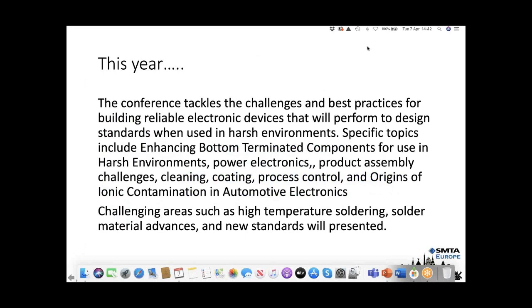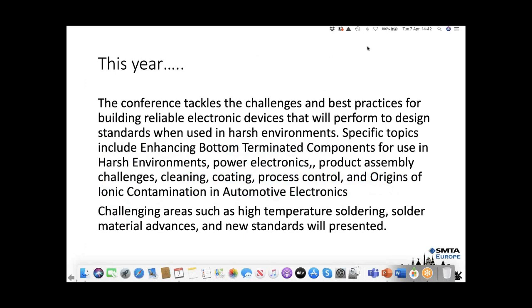We've got some specialist stuff this year on bottom terminated components, power electronics, assembly challenges, cleaning, coating, process controls, origins of some ionic contaminations in automotive electronics, and a lot of stuff in challenging areas: high temperature soldering, low temperature soldering, and even some work on the new standards. So we have definitely a lot going on over the 2.5 days.